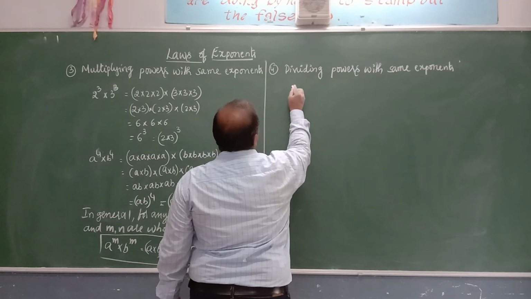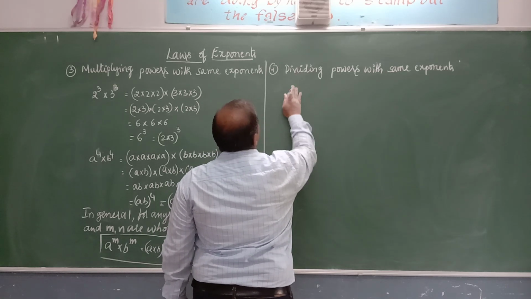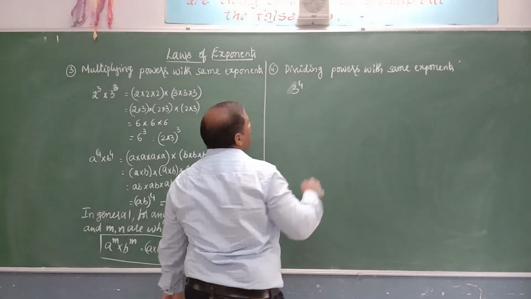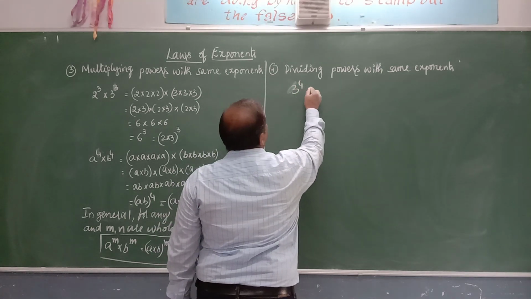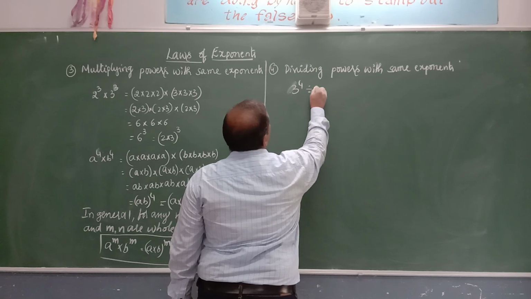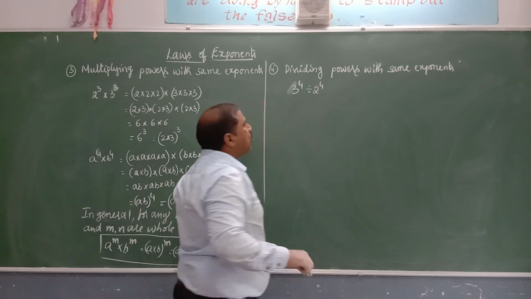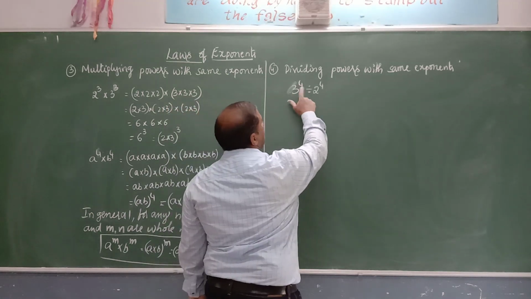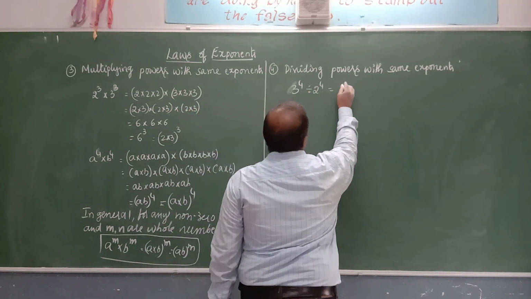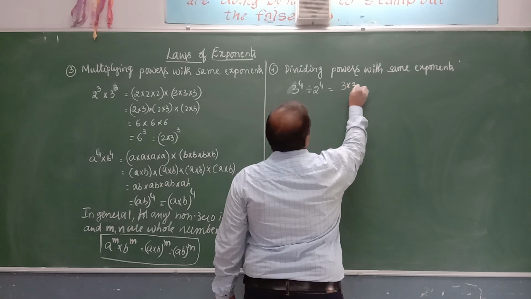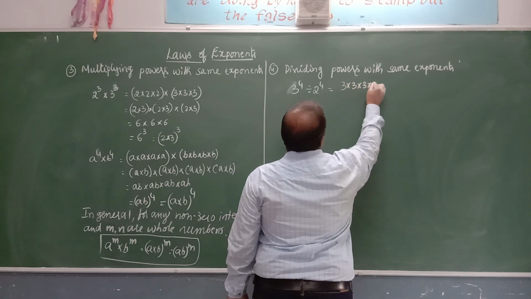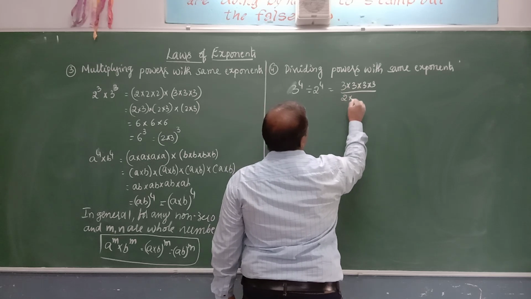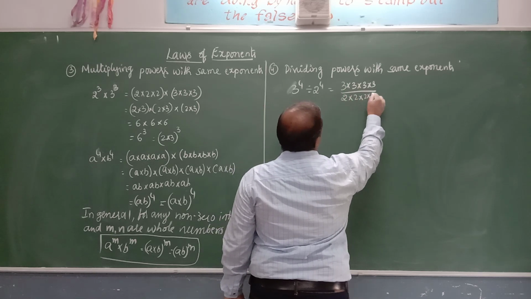Now take 3 to the power of 4 divided by 2 to the power of 4. Here bases are different and exponents are same. 3 to the power of 4 means 3 into 3 into 3 into 3, 4 times, divided by 2 to the power of 4 means 2 into 2 into 2 into 2.